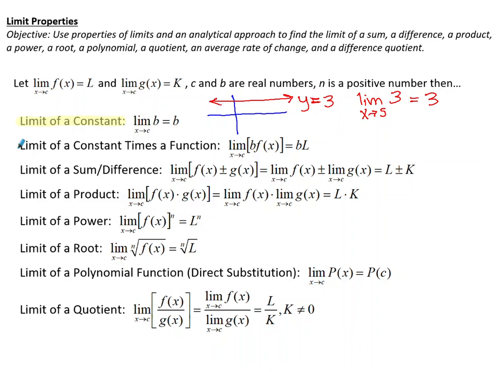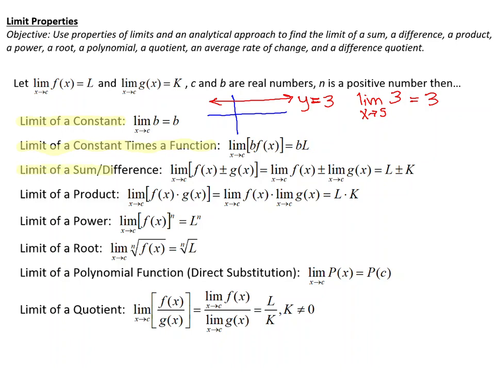Other useful properties. The limit of a constant times a function, such as the limit as x approaches c of the constant b times the function f of x, equals the constant b times the limit of that function. We're going to explore what these look like more in examples that are coming up soon.